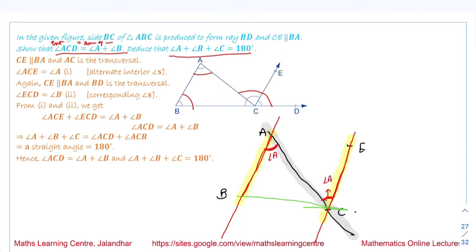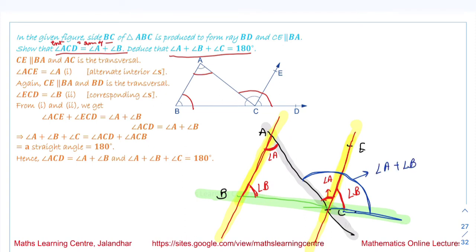Second thing we are talking about is, again these are the two parallel lines, and if we consider the transversal BC, then this is angle B, and this is equal to angle B. So what we get from this figure is that the value of this whole angle is angle A plus angle B, and this is equal to angle ACD.